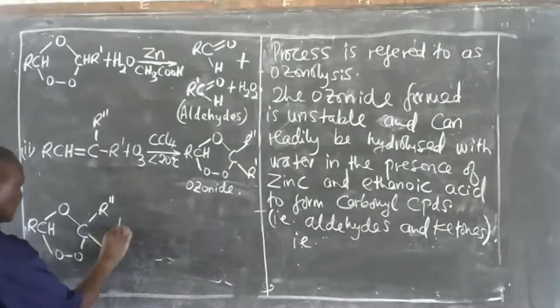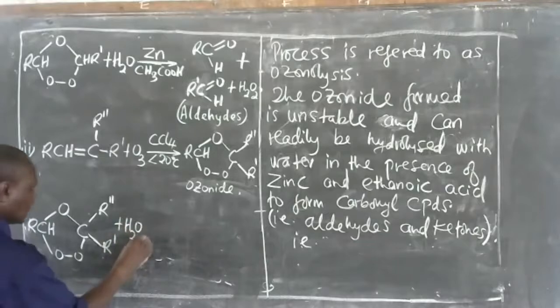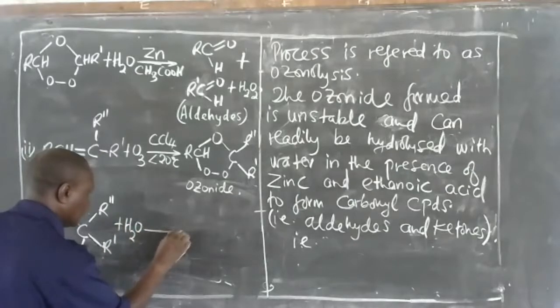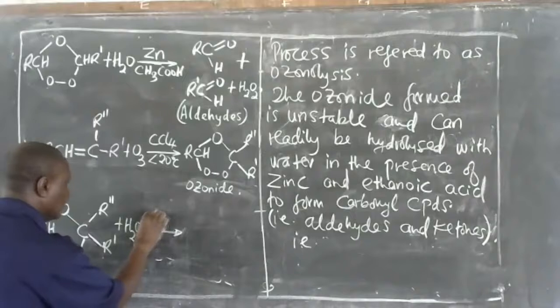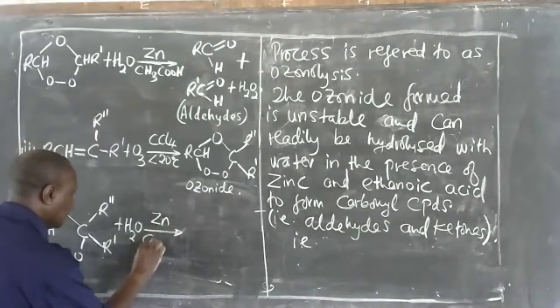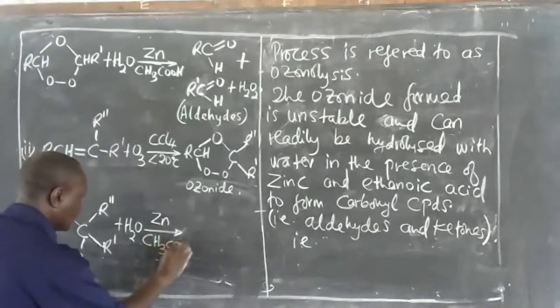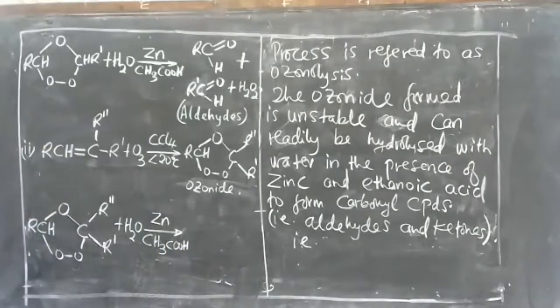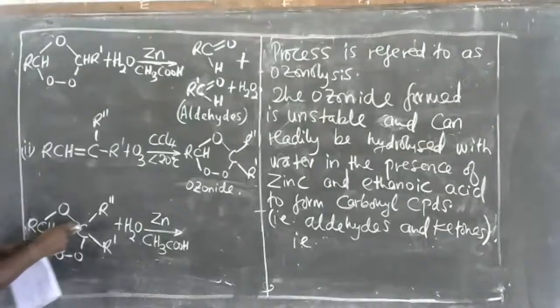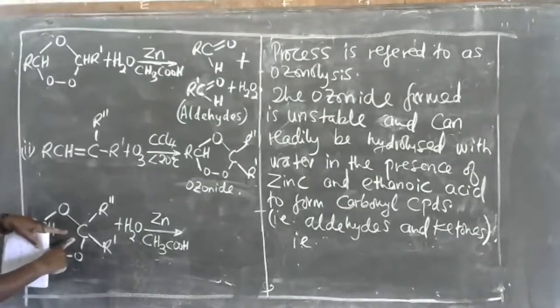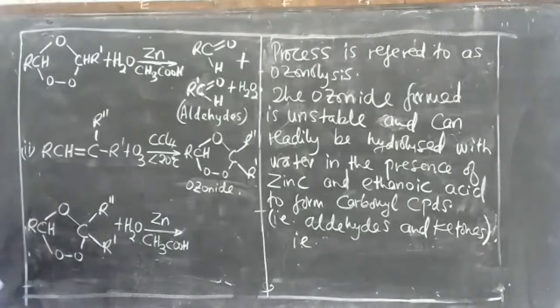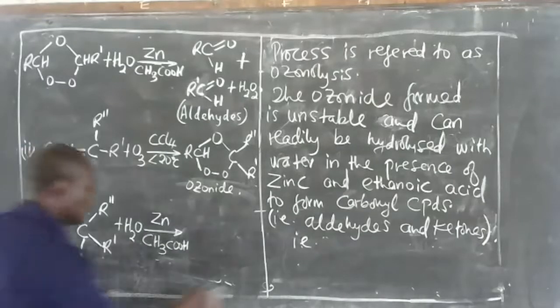We are adding water in the presence of zinc and then ethanoic acid. This one is going to give us what? An aldehyde. Okay? Because there is hydrogen here. There is no hydrogen on this carbon. Therefore, this one is going to give us a ketone.